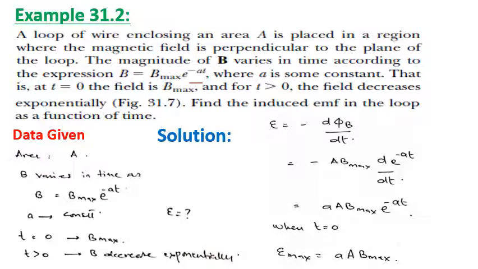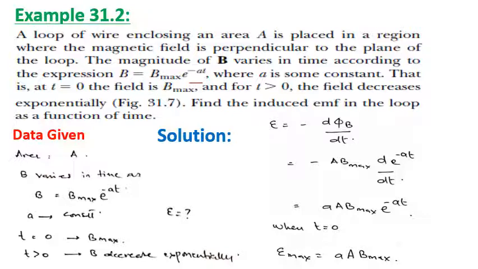Simply we will use this equation over here, and we know that phi is BA. So we'll write the value of B over here, that is B maximum e raised to the minus a t. So what we'll do, we have d of e raised to the power minus a t over dt.